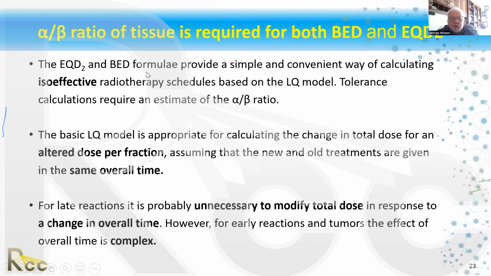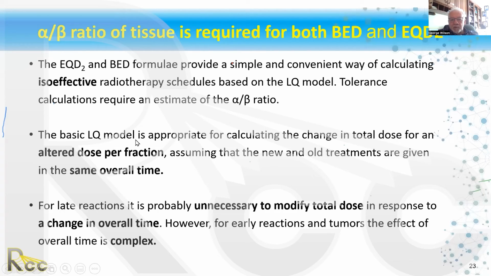Both of these formulae provide a simple way of calculating isoeffective radiotherapy schedules based on the LQ model. And again, the important thing is that the tolerance of these normal tissues really is dependent on the alpha-beta ratio.